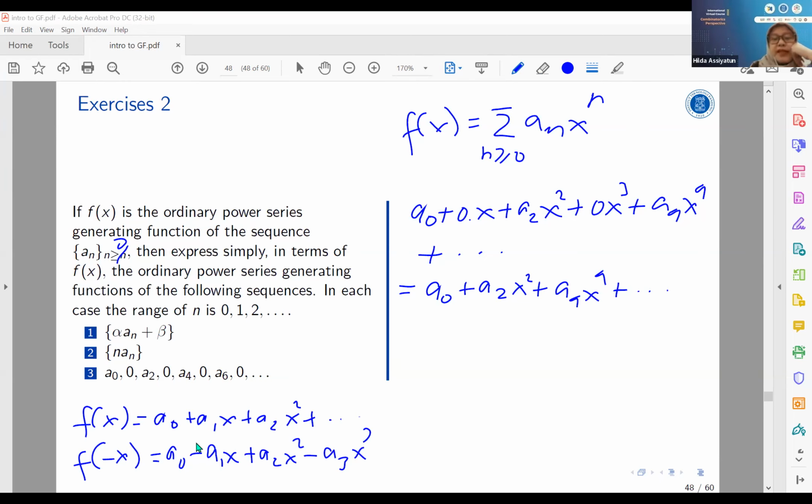Yes, is it right? Do you agree with this? That f of minus x is this one? Yes, right? Okay, so if we add up these two series, what will we get here? If we add this up, then all the odd terms will disappear.